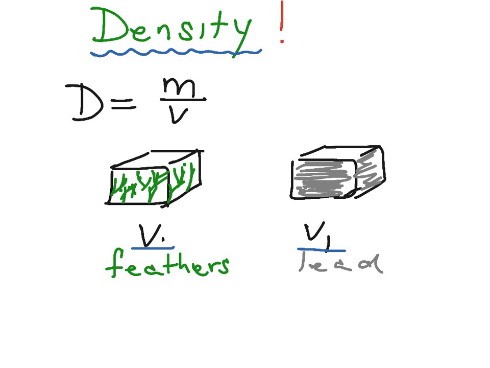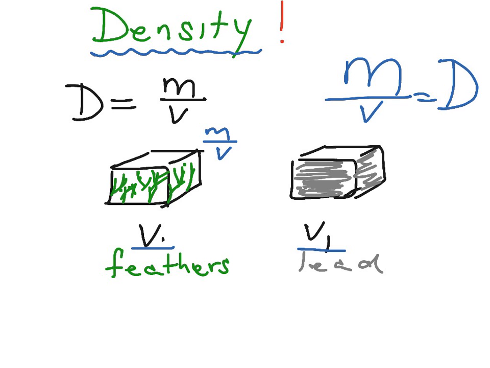Well, if we look at the equation here, we can see that when M gets larger and V stays the same, the quotient is going to get larger. So we would say that the lead has a very large or high density, and the feathers would have a very low density.